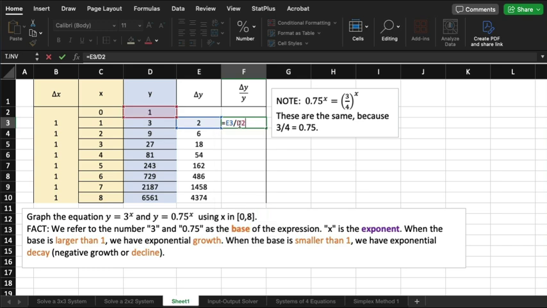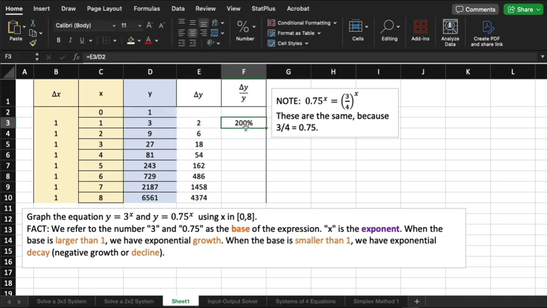That's not going to change the fact that column F is still going to give us a constant. We will still see that constant pattern, but we will be able to interpret this value as our growth rate. It's equal to our growth rate when we take our delta y from this row and divide by the y value from the previous row. So that has to equal E3/D2.